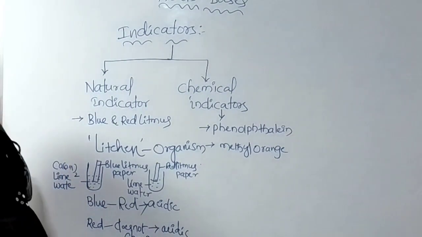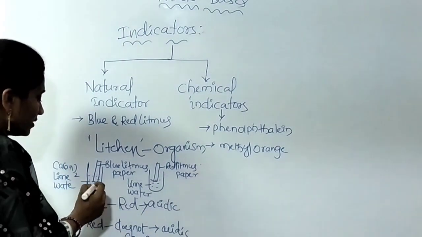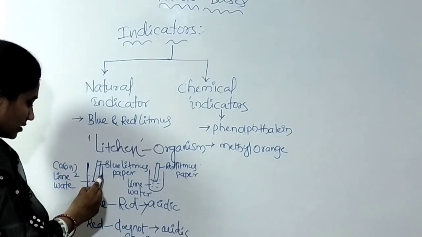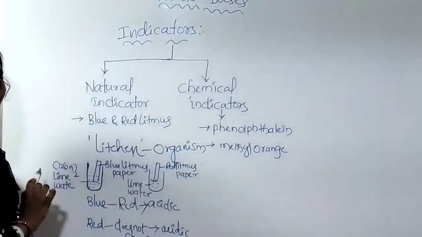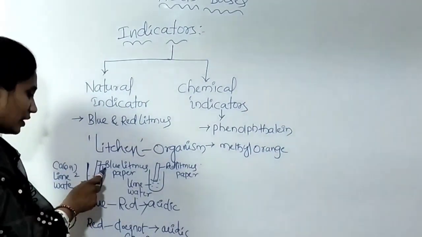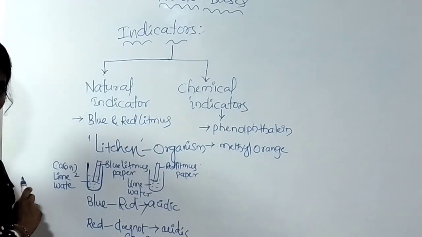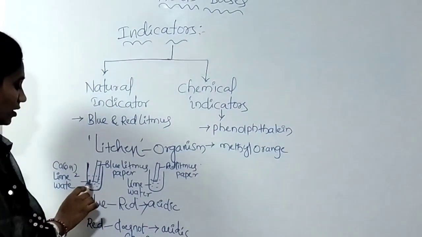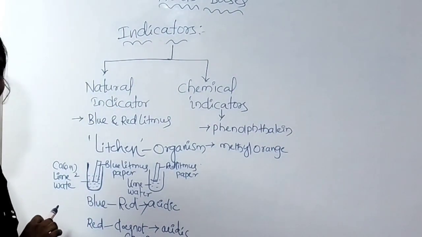Let us see the color of the blue litmus paper. Now this time I have taken the solution of lime water. Whenever we use blue litmus paper for the solution of a base, what will happen?